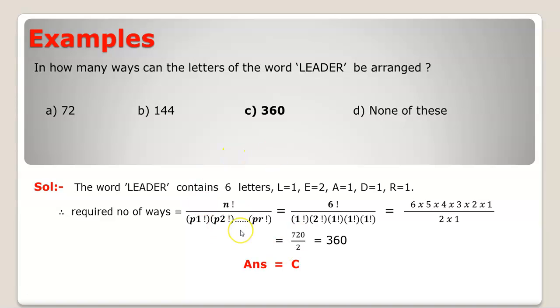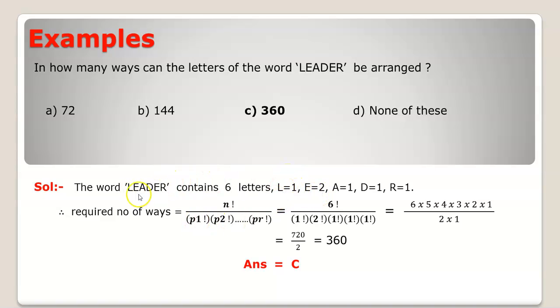This example is solved with the previous formula also, that is, the number of letters factorial divided by the factorial of the repeated letters. Now the word LEADER contains 6 letters. L occurs only one time, so L equals 1. This is the first kind.